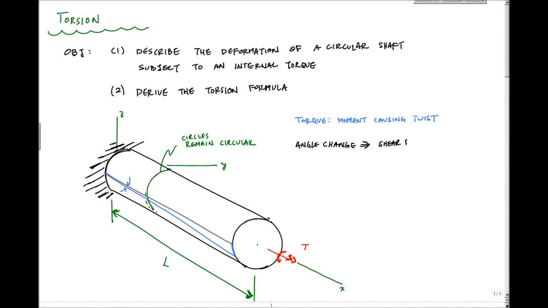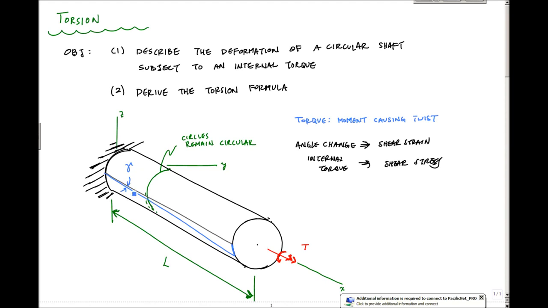Yay! Which means that this internal torque induces shear stress. Yes, shear stress. And we will write here this gamma. In fact, this angle right there is a shear strain that's going on.